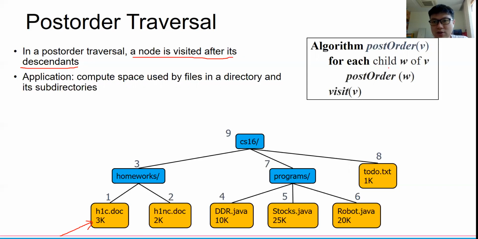you will check every node from the child. For each child W of V, so we have the child here, and here we have the child. We will do the post-order first, and then after we know this child, we will check another child. Then we go to the ancestor.